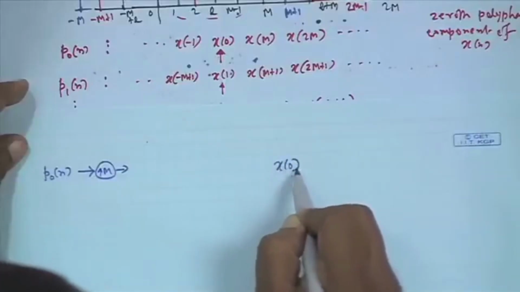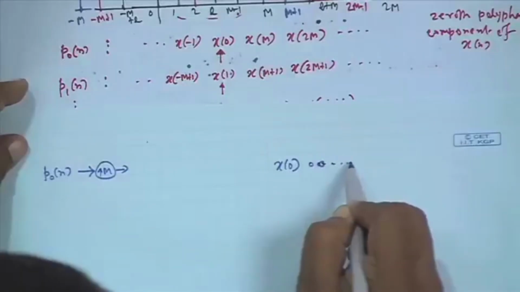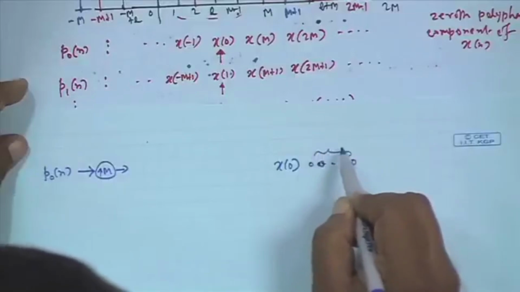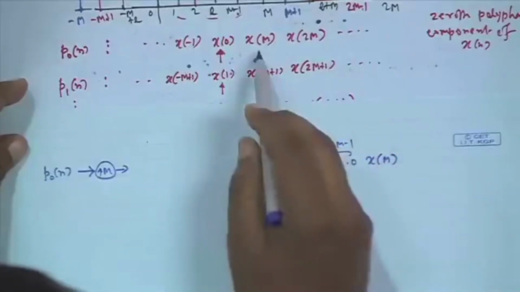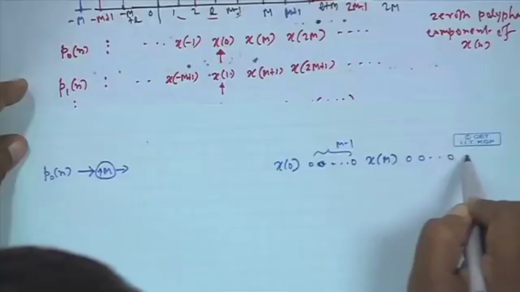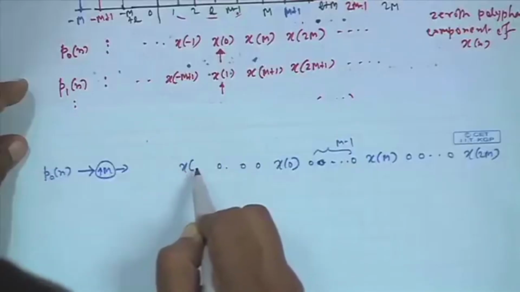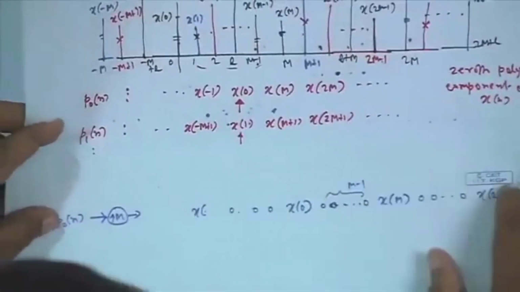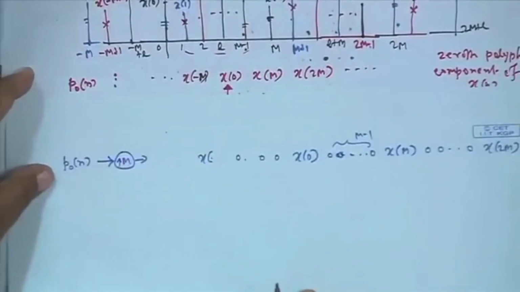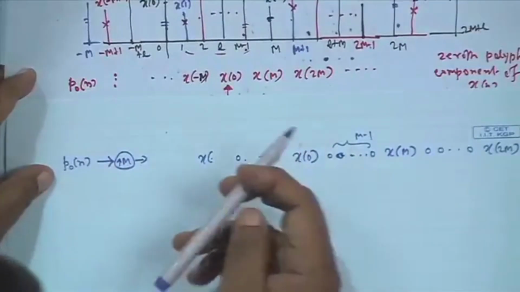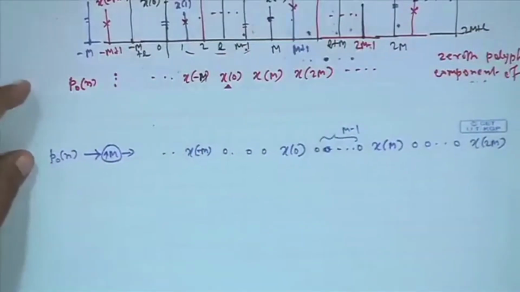X 0, then zeros, m minus 1 zeros, then x m, this guy, again m minus 1 zeros, again zeros, x, sorry, this is wrongly written, this is x minus m. Dot dot dot dot. All right.